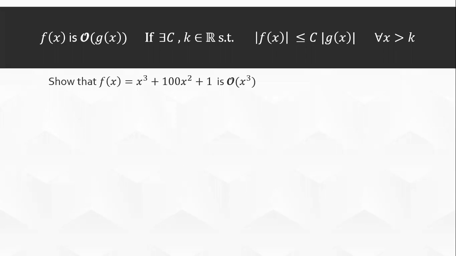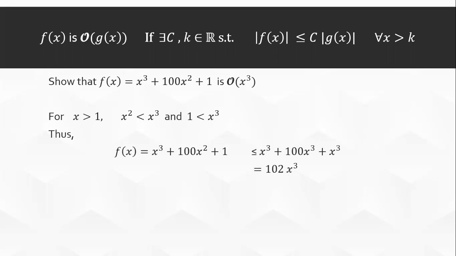Let's show that x cubed plus 100x squared plus 1 is big O x cubed. Again, I start with a couple simple statements that come from my sheet that we're just supposed to know, right? Because we know what these basic functions look like. As long as x is greater than 1, x cubed is greater than x squared. X cubed is also greater than 1. So I do a very similar trick. 100x squared will be less than 100x cubed.